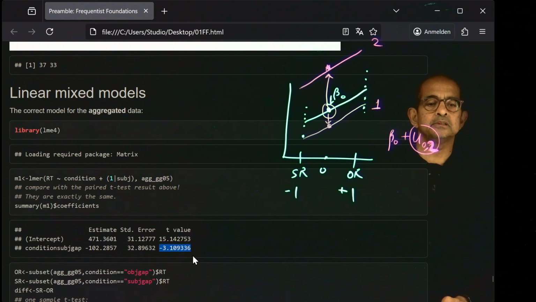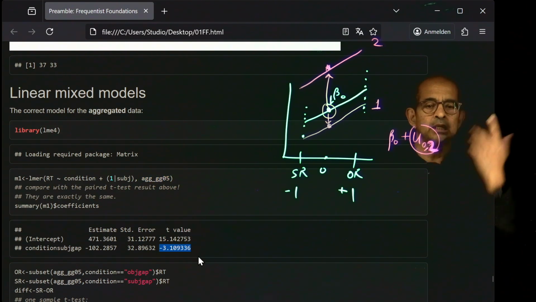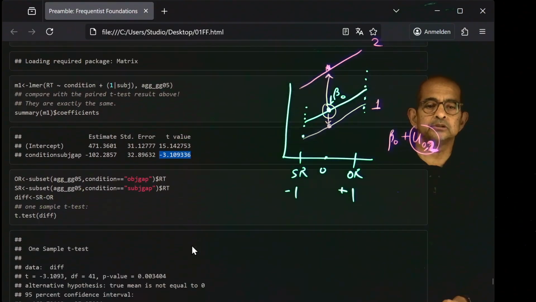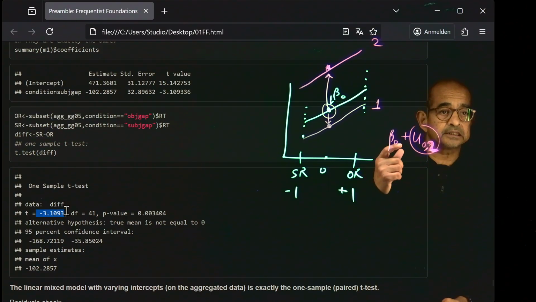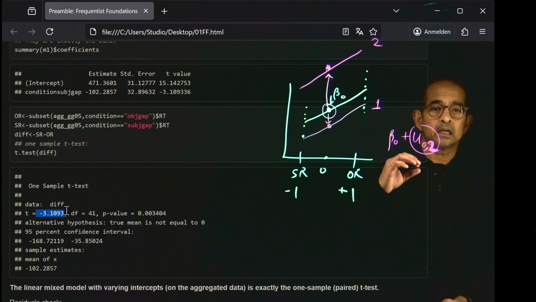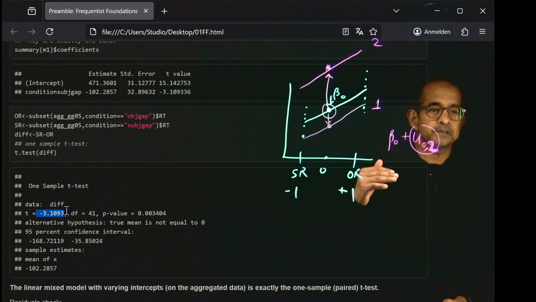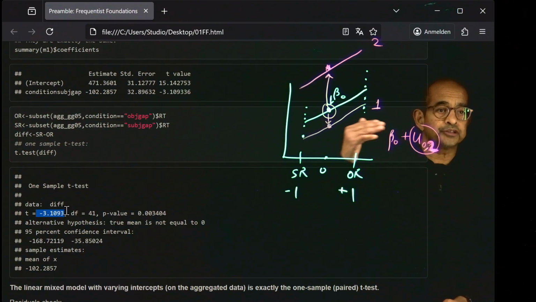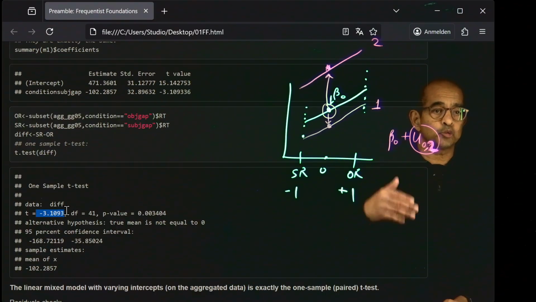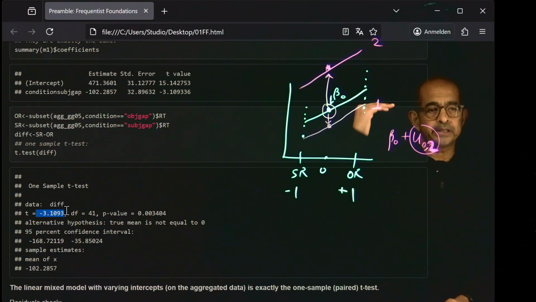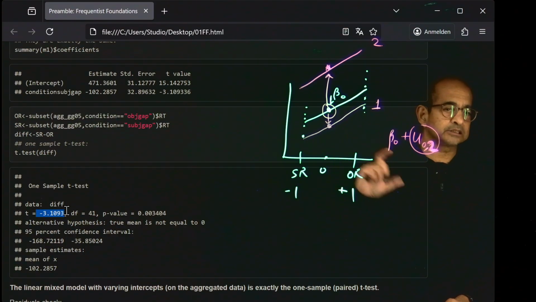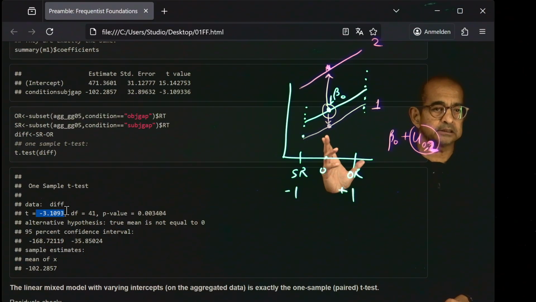Here's the t-value, which is exactly the same t-value that we had earlier. I reran the test here with the aggregated data, same t-value. So the varying intercepts by subject linear mixed model fitted on the aggregated data is mathematically the same thing as the paired t-test or the one sample t-test on the differences that I discussed earlier.